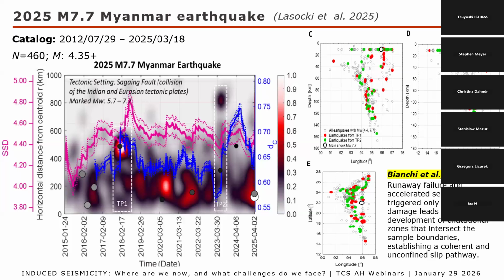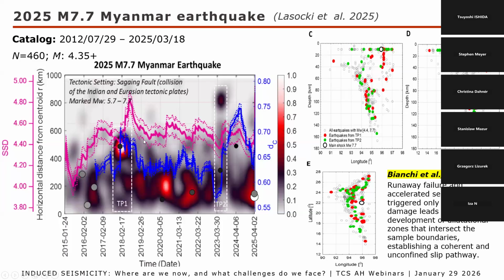When they made laboratory experiments and analyzed the dilatancy zone before failure, they arrived at the conclusion that runaway failure and accelerated seismicity are triggered only when seismic damage leads to the development of dilatational zones that intersect the sample boundaries, establishing a coherent and unconfined slip pathway.